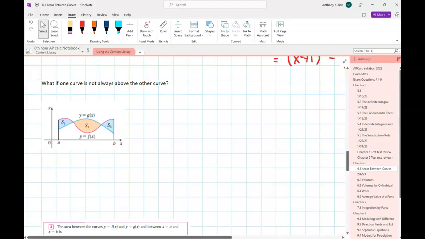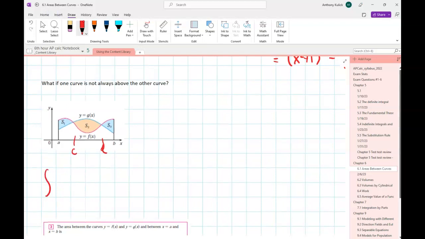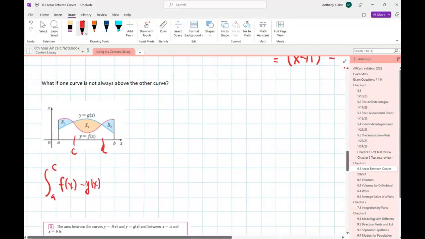We need to know, what if we have something like this, where the two curves switch who's on top and who's on bottom over the course of our interval? Well, let's say that those spots are C and D. We'll just go A to C, and then we'll do f of x minus g of x dx.